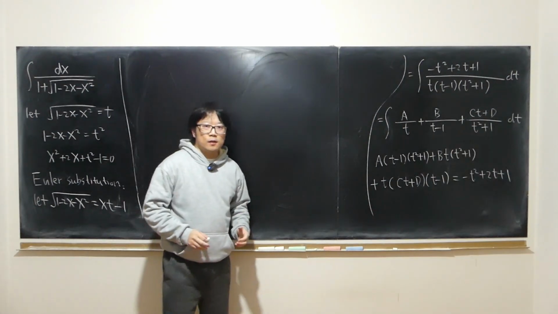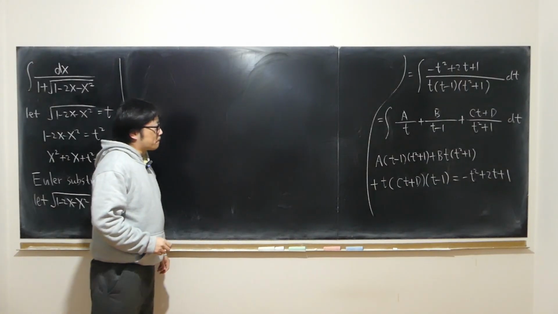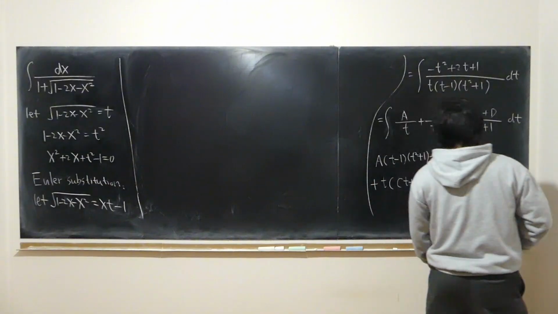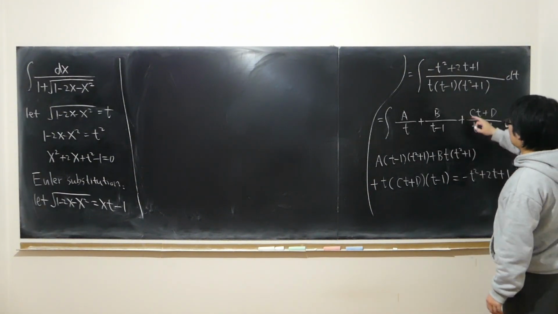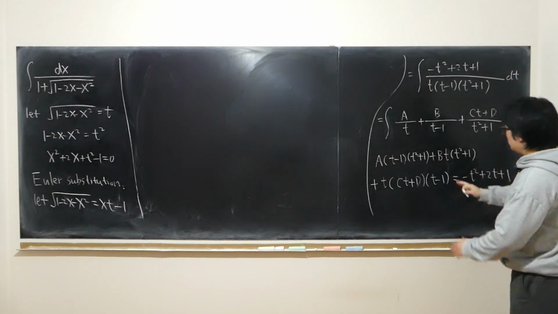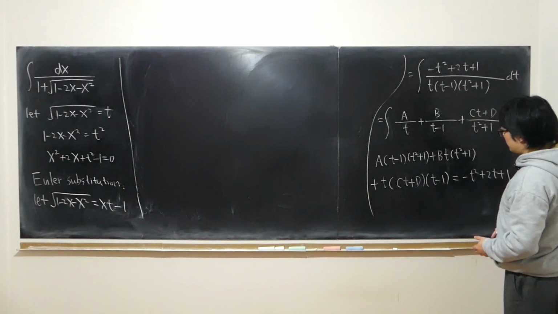Now the question becomes, how do we determine the value of a, b, c, and d? One way is, after finding their common denominator, the numerator becomes this one, which must equal this numerator, always.